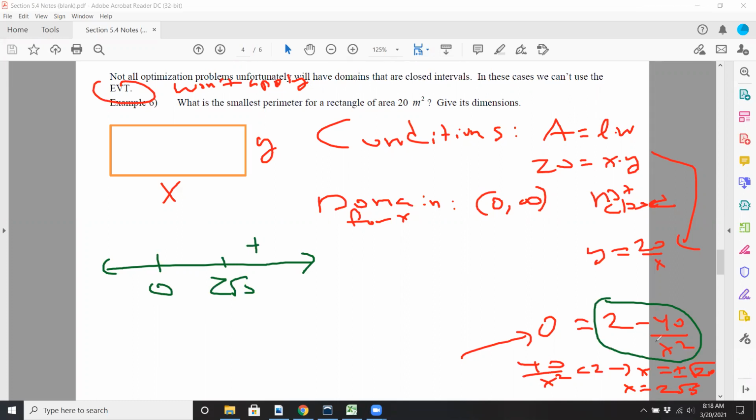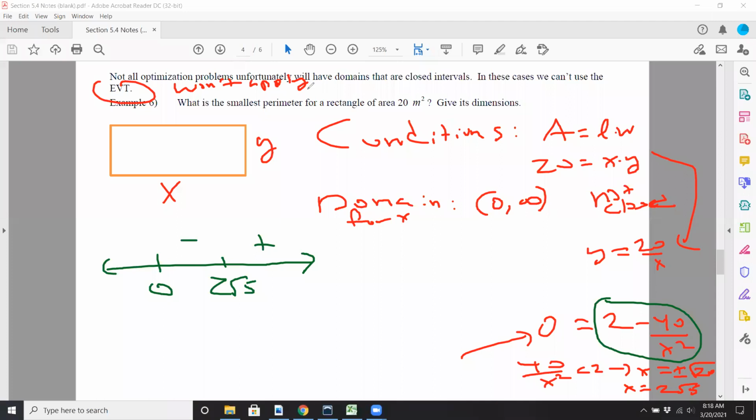If I plug in something between 0 and 2 root 5, say like 1 or 2, it's negative here. And it'll still be negative anything over here, but we're not looking at negative dimensions, so let's not worry about that.